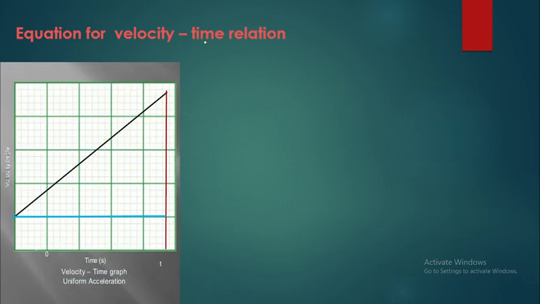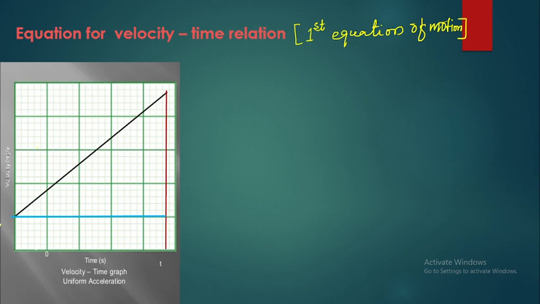Equation for velocity time relation, this is known as the first equation of motion. We derive it with the help of the velocity time graph. This graph is for uniform acceleration.